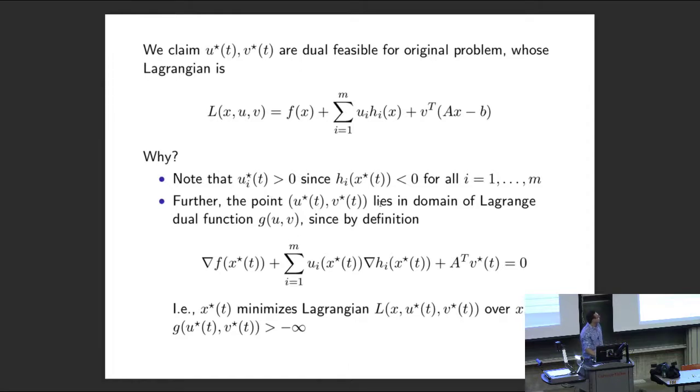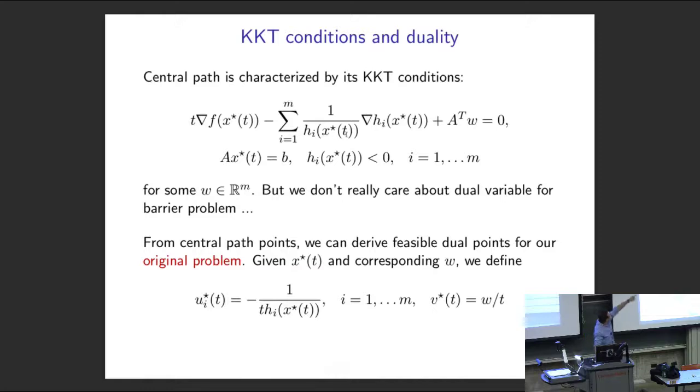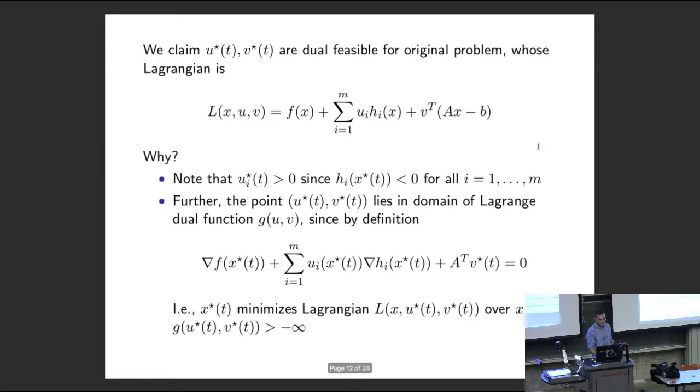And furthermore, this point lies in the domain of the Lagrange dual function, meaning that it's not negative infinite at that point, because if we plug in these two points in the definition of stationarity, you're going to see that this is exactly u_i times the grad of h_i, actually times also a t, and this is just going to be exactly t times A transpose v. All the t's will cancel, and you get this condition.